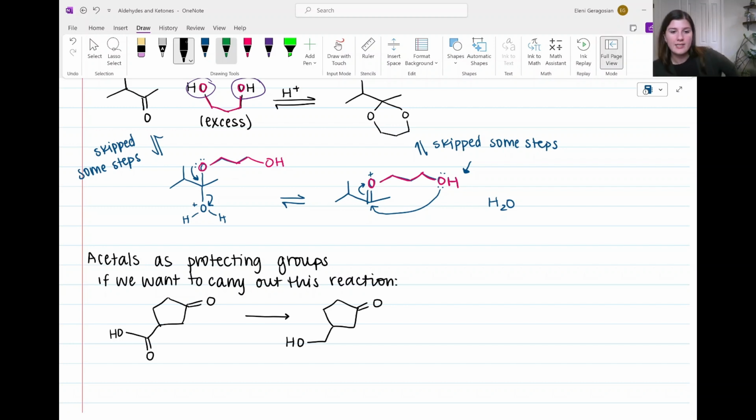Okay, so if we want to carry out this reaction, let's look at what's changing here. The ketone part of the molecule is not reduced. That has not changed.